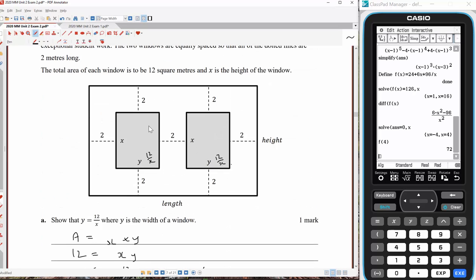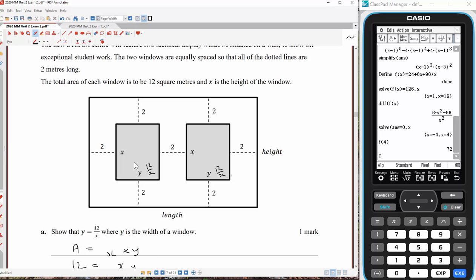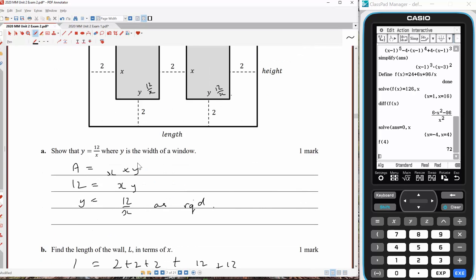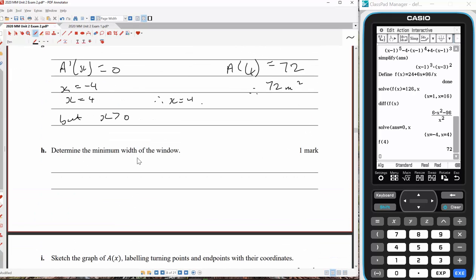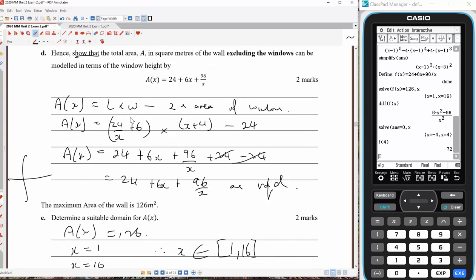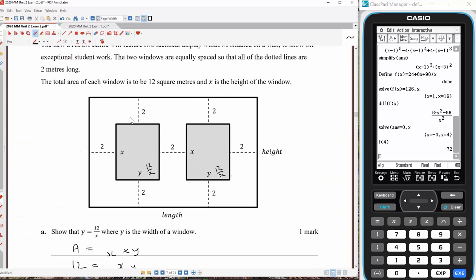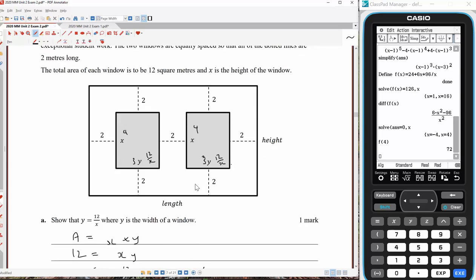The window is x times y, so it's just going to be 12 on 4, which equals 3. Therefore, it's going to be 3 meters. That's 3 because x is equal to 4, which makes the 12.